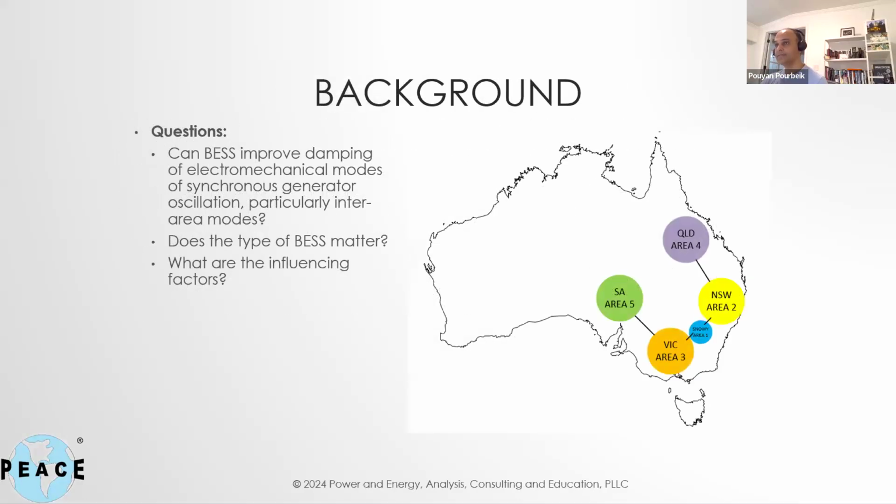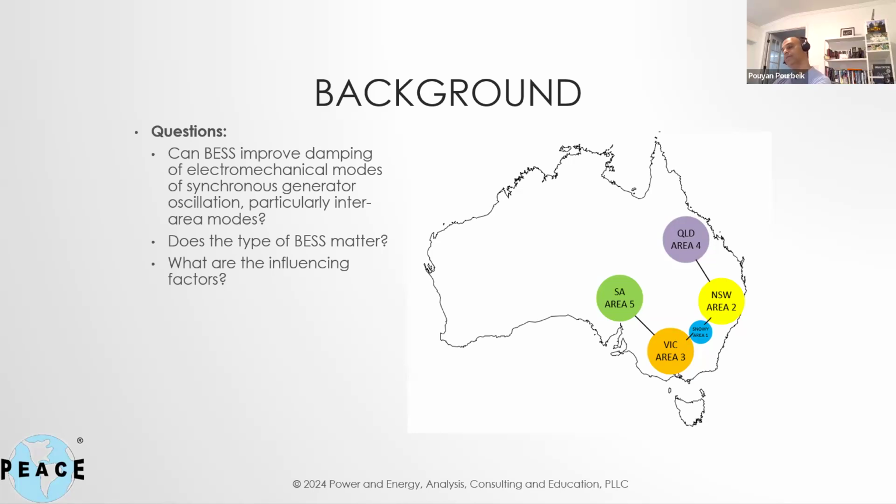So that said, let's talk about it. As I say, I'm using material based on that work at a high level. The background question here was, like Ali said, the presentations around the impact of IBRs, grid forming and following, both on small signal stability.